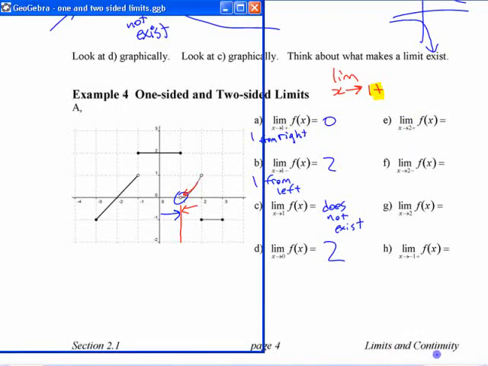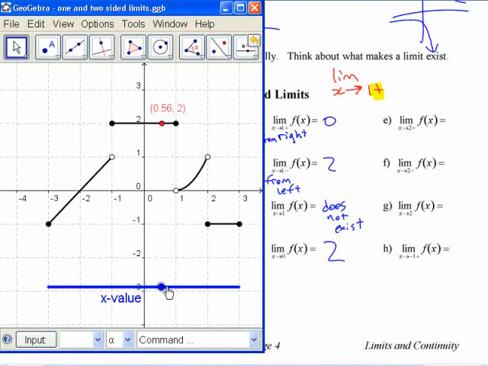Back to this. Approaching 2 from the positive side looks like you're headed for -1. It's -1 the whole time. Whereas if you're going to 2 from the negative side, you're going for 1. This goes for -1, this goes for +1.